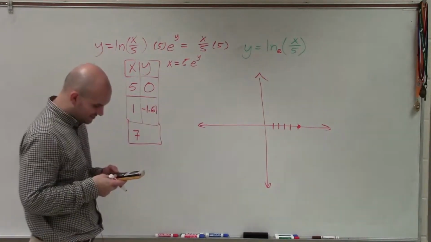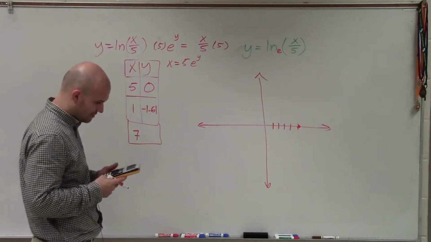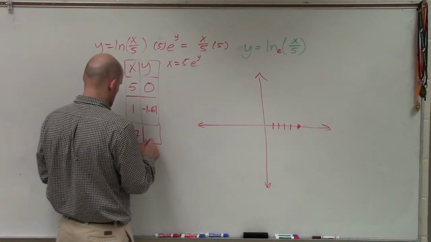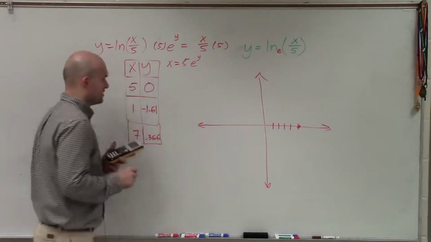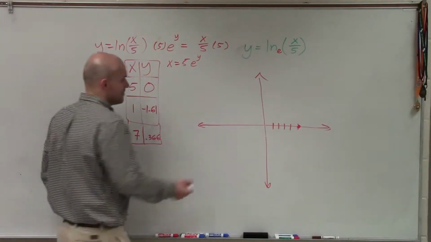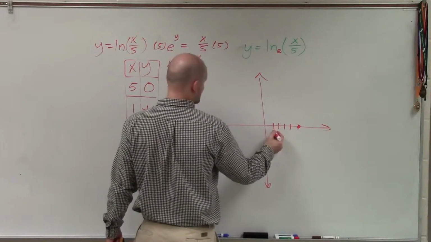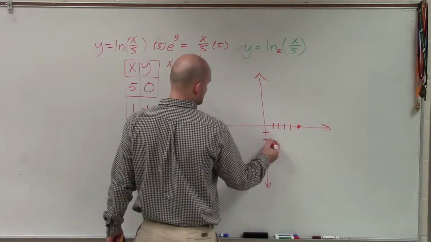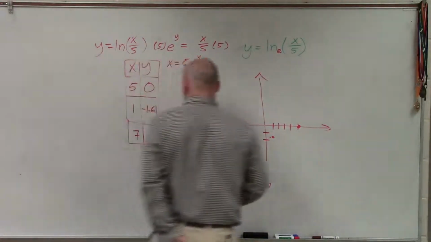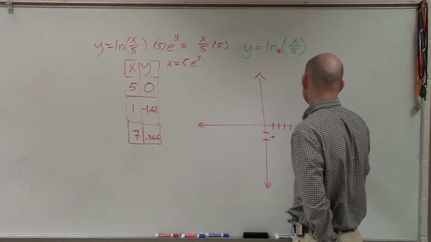If I do ln of 7 over 5, I get ln of 1.4, which is about 0.336. So when x equals 1, I have negative 1.61, so let's say that's 1, 2. And when x equals 7, I'm at about 0.336. So 1, 2, 3, 4, 5, 6, 7.